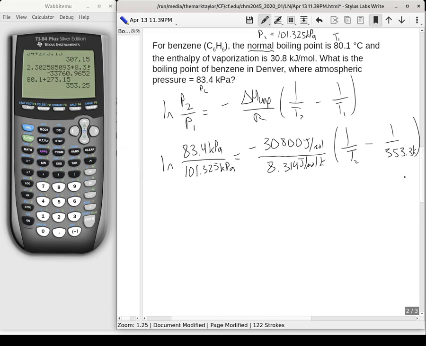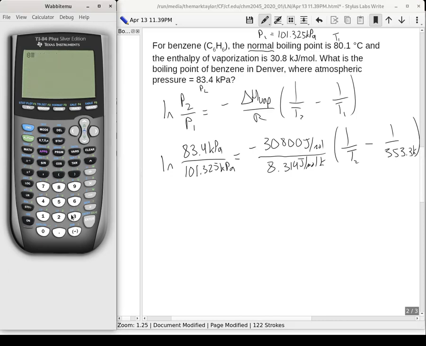Alright, now we're going to solve for that T right there. So, starting with 83.4 divided by 101.325 gives us this. And I'm going to take the natural log of that value. Gives this.